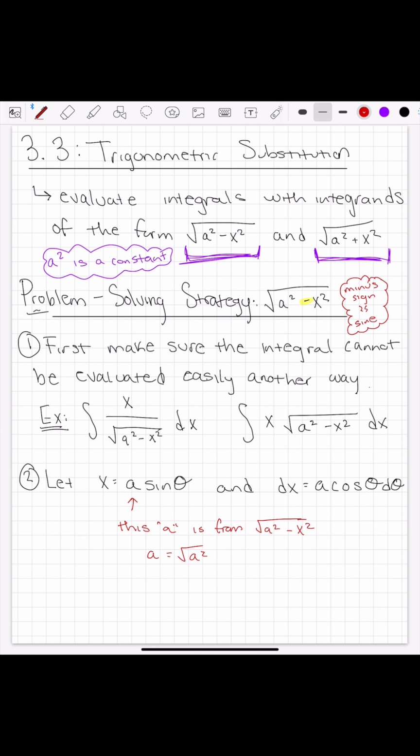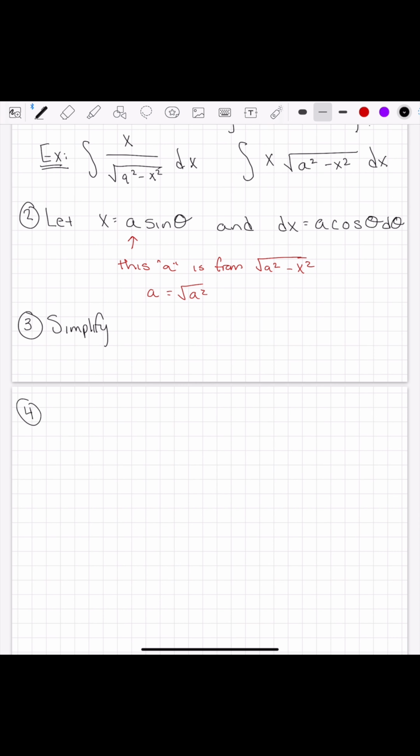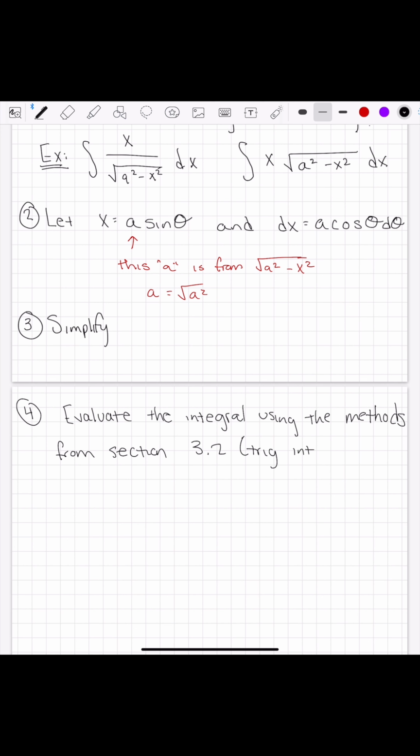Okay. So once you do your substitution, the next part is to simplify as much as possible. And then the fourth step after you simplify is to evaluate, right? Because now we're changing it to be an integral with trig functions. So you're going to evaluate the integral using the methods from section 3.2, right, the trig integral section, which is why we have to go through that section before we taught this section.